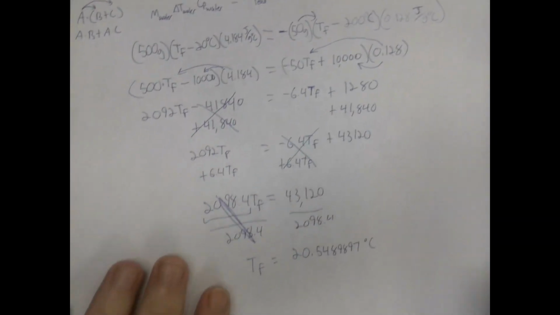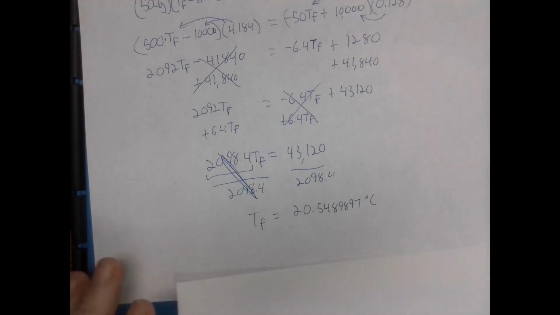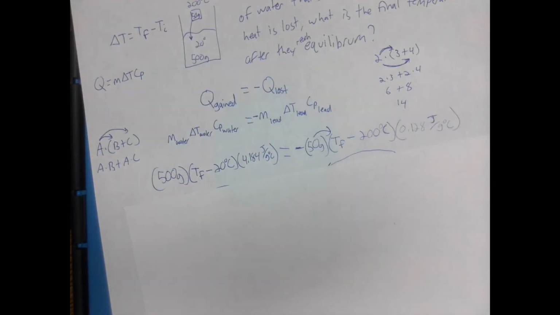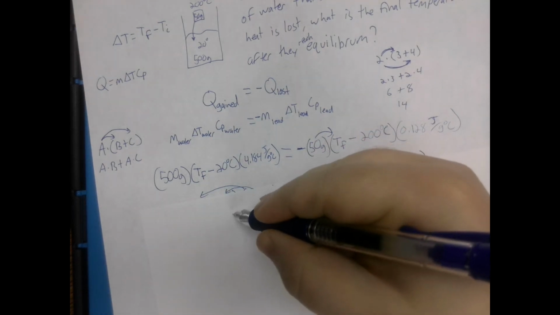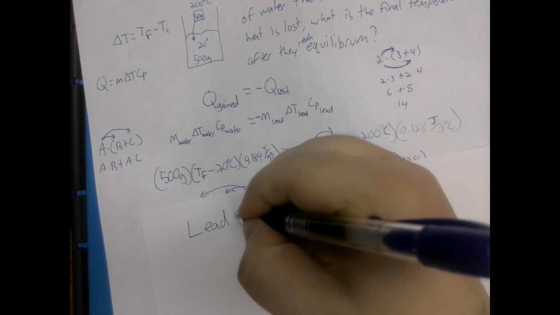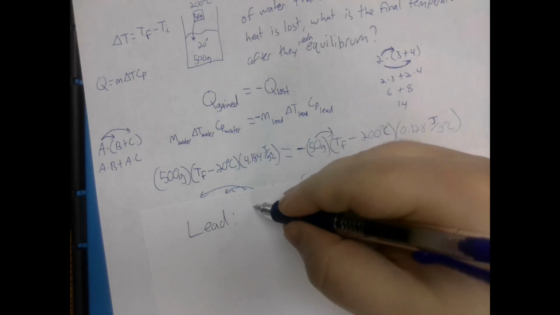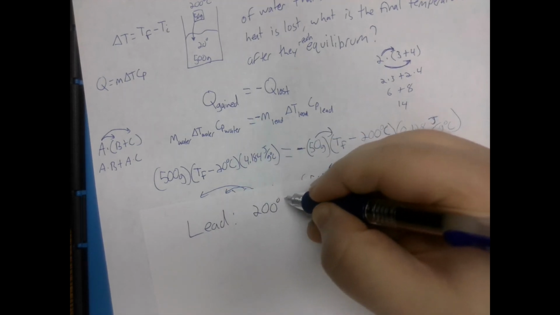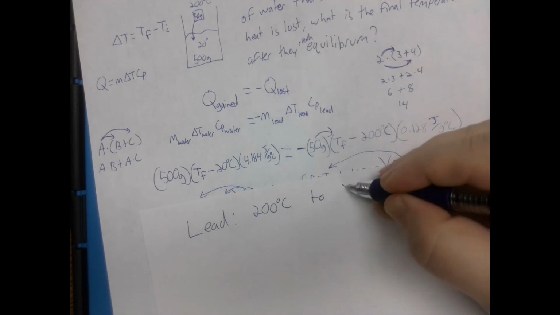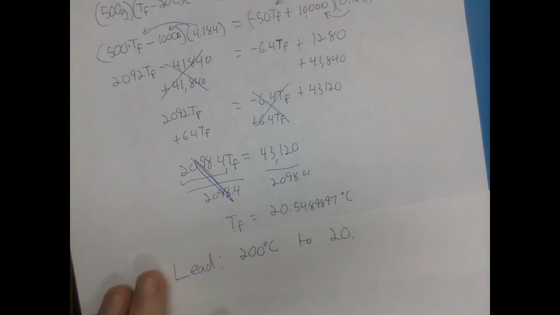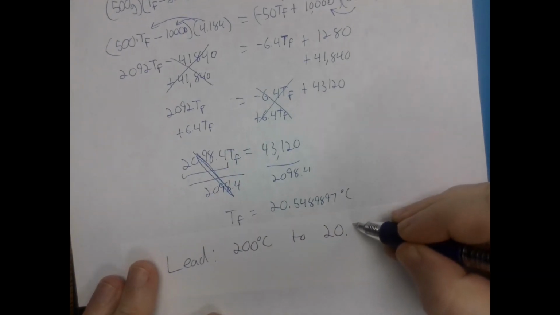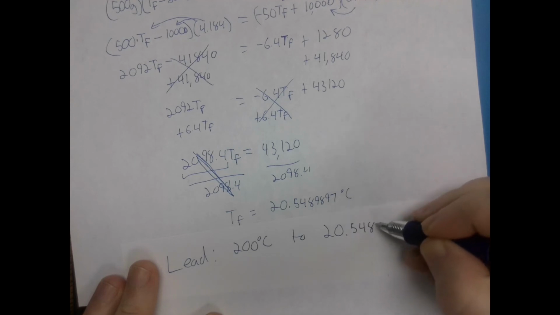So to double check your answer, let's look at what temperature lead goes to. For lead, it's going from 200 degrees Celsius to 20 point, let's round it to, I'll put the whole thing.